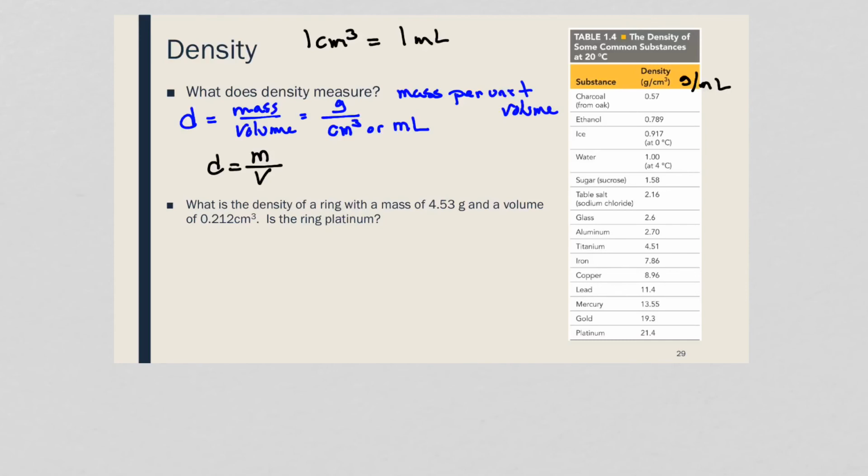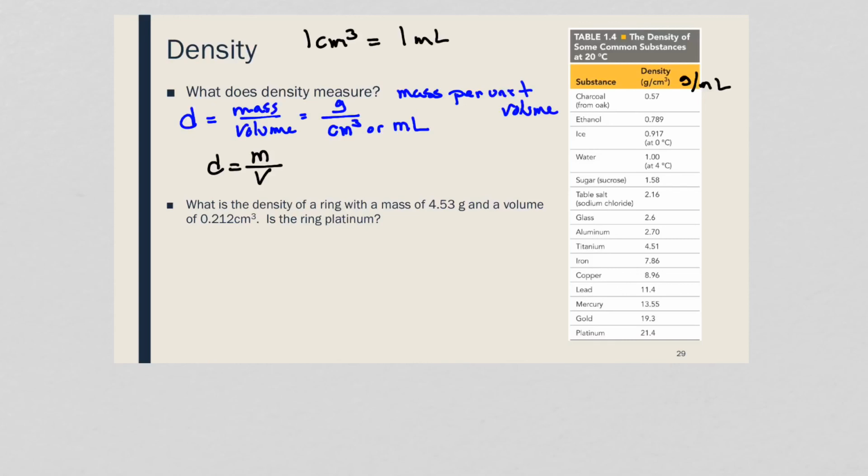Let's say, what is the density of a ring with a mass of 4.53 grams and a volume of 0.212 cubic centimeters? And we want to see if this ring is really platinum. Right? So again, being one of these intensive properties, this is one that we can use as an identifier, right? Because it doesn't matter how much we have of it, it's going to have the same value, the same ratio of mass per volume.